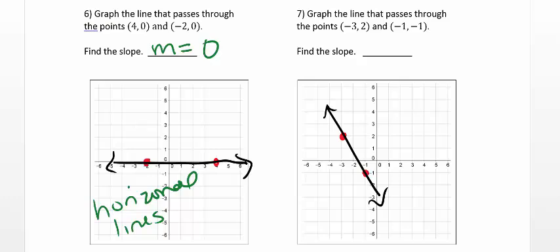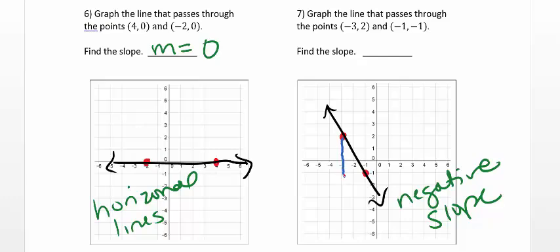That type of line is going to have negative slope. So I know that my answer is going to be negative. So I take the furthest point to the left, which is right up here, and to go to the second point, I had to come down this time. I had to come down 3 units and then go to the right 2 units to get to the second point.